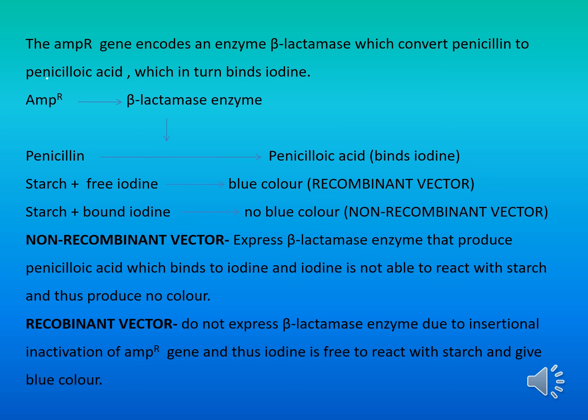So the E. coli cell which contains the recombinant vector gives blue color when the starch plate is flooded with iodine, and the E. coli cell which contains the non-recombinant vector gives no color when the starch plate is flooded with iodine.